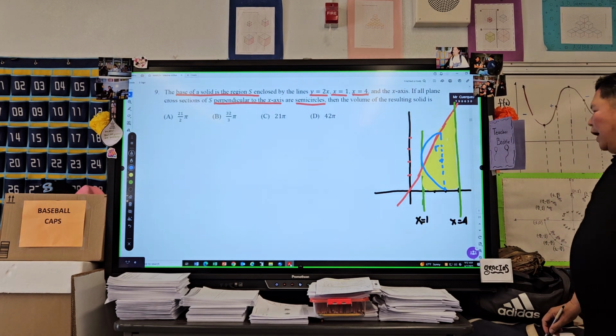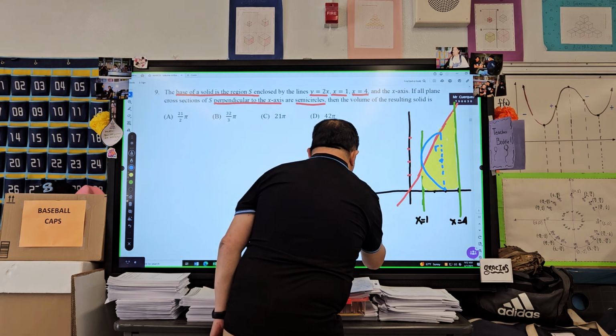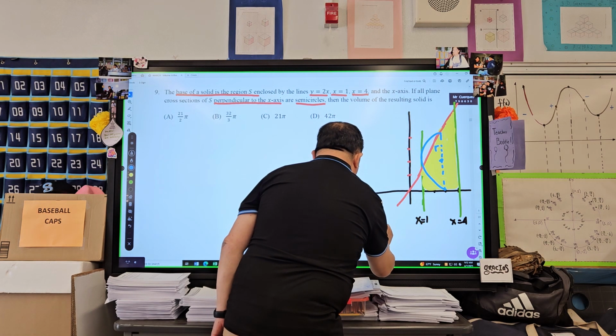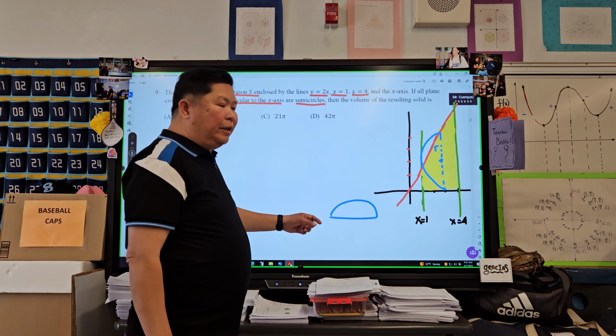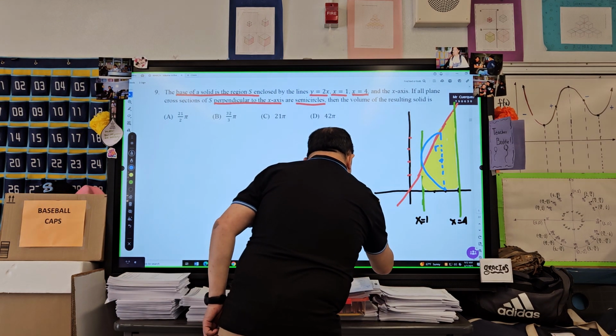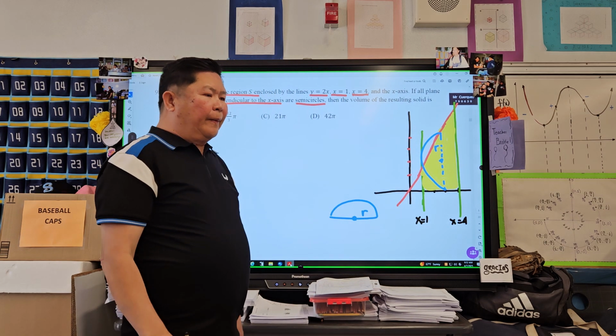Okay, so I'll draw it here. This is the diameter, right? And then it's gonna be this one as the radius.